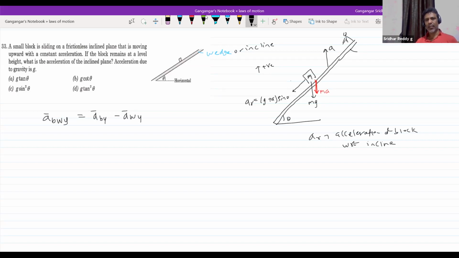So a_r is g plus, shall I resolve this, a_r sine theta equal to, this we don't know. And it's telling if the block remains at a level height, what do you mean by that? With respect to ground, it will not change its position. So what will be the acceleration of the block? This should be 0, no? So therefore I'll write this as 0.